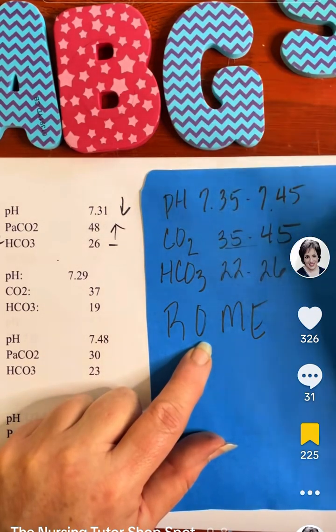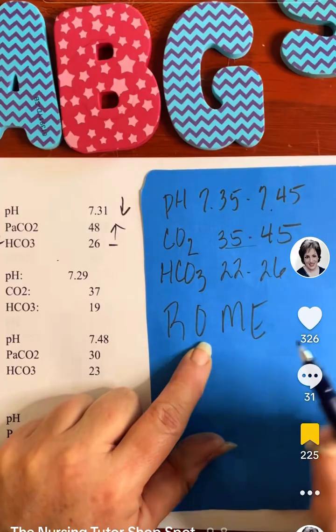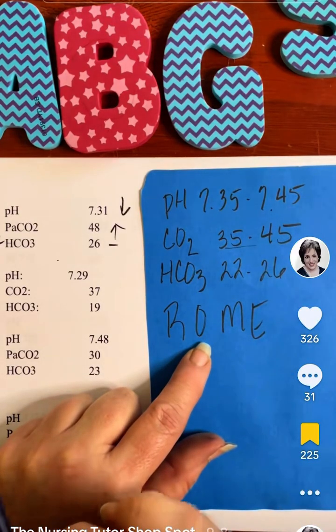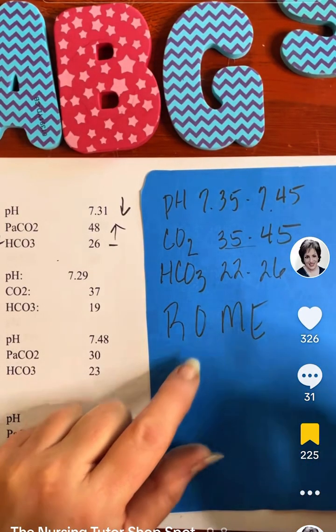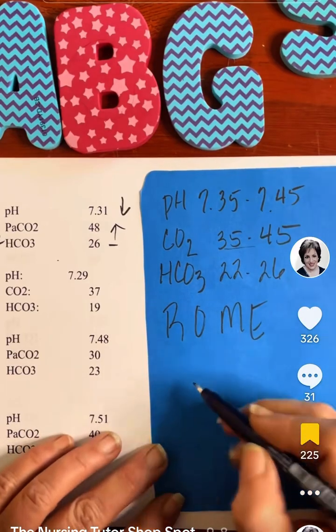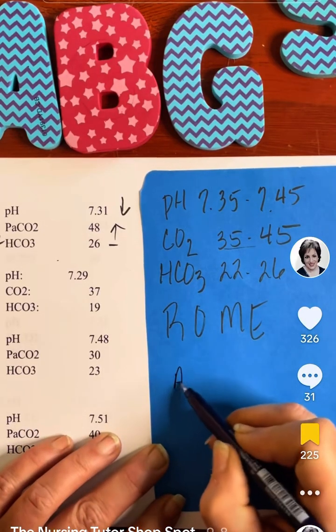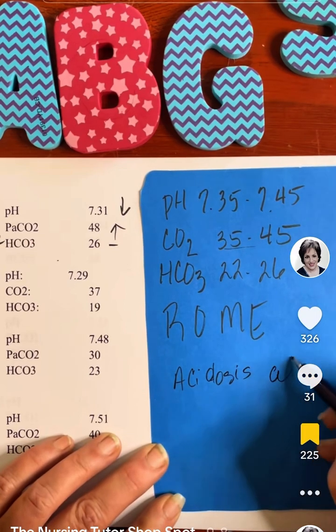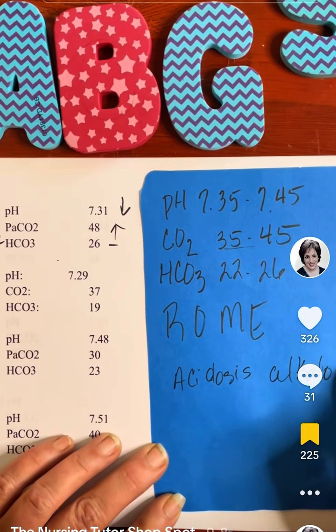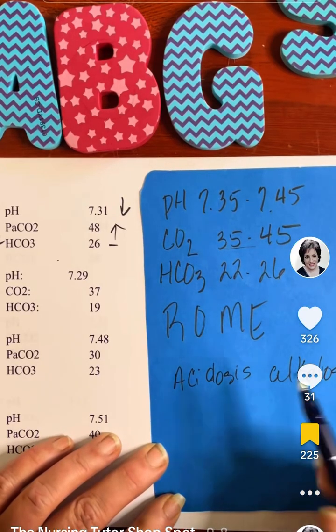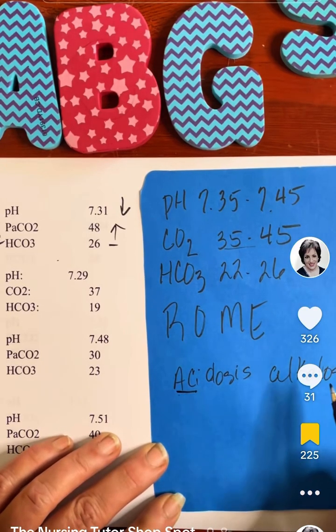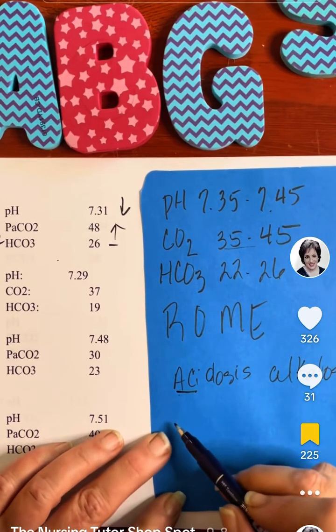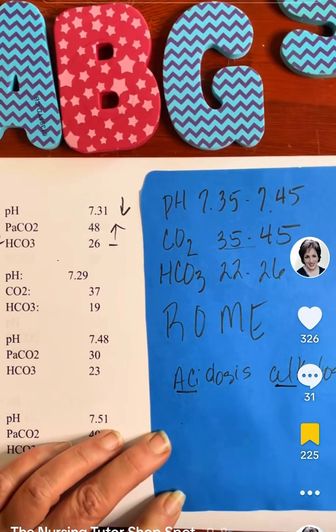So all the pH is telling you is if it's acidosis or alkalosis. And this is how my mind works. Acidosis and alkalosis. AC is closer to the beginning of the alphabet than AL.